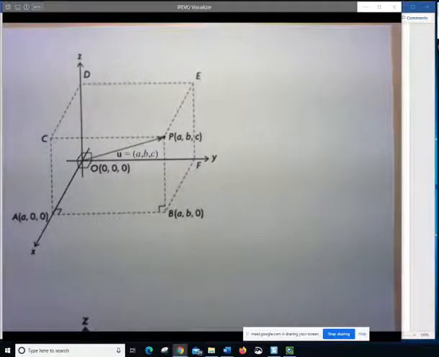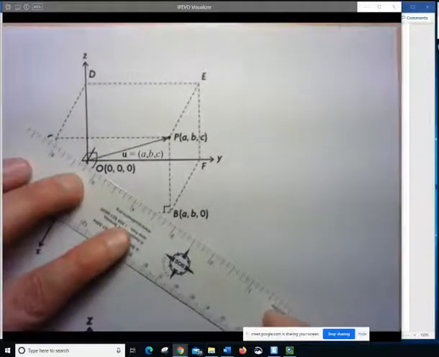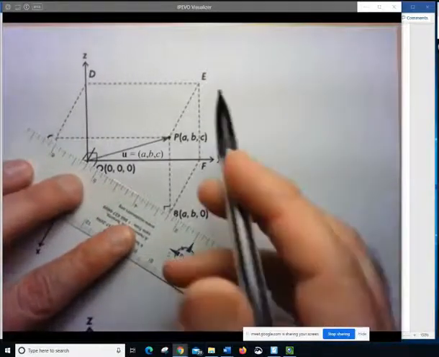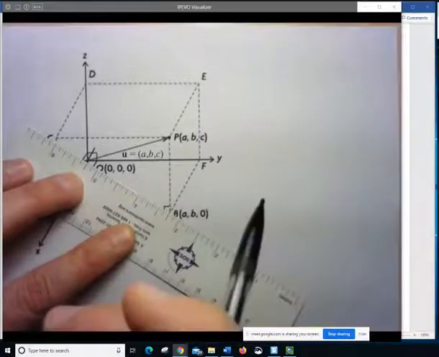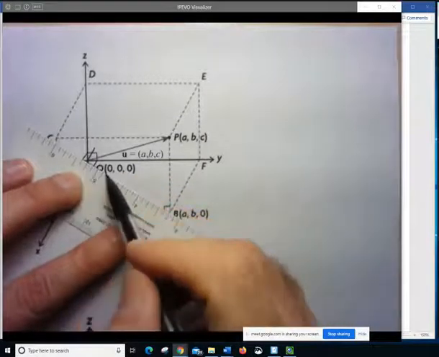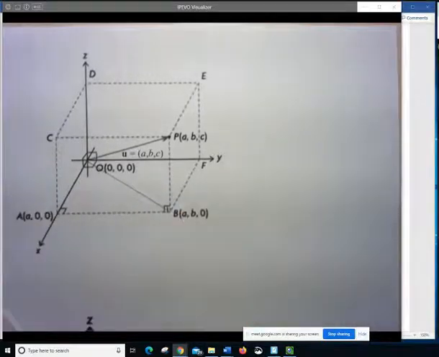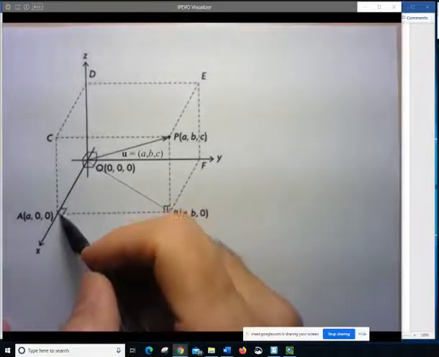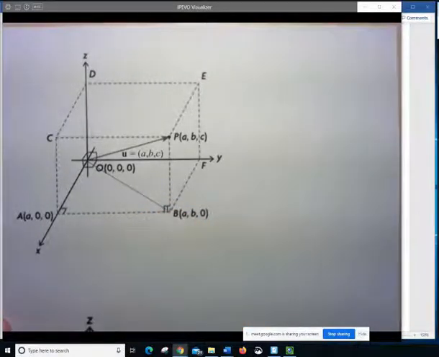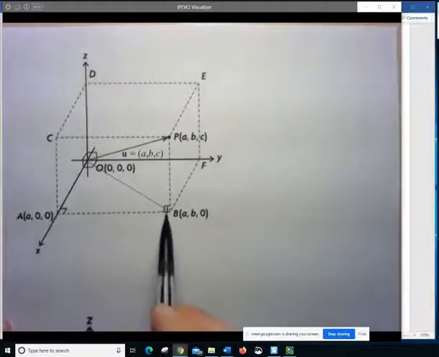We're going to split this up into two problems. First of all, we'll create the vector that connects the opposite corners of the base. Okay. Now, what is this vector? Well, this is just the vector (a, b, 0), that is, (a, 0, 0) plus (0, b, 0).